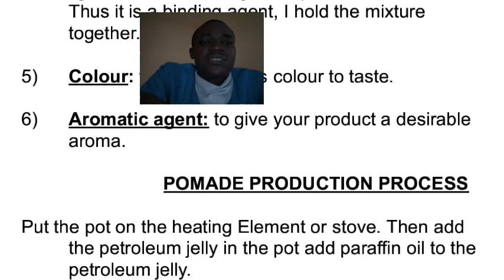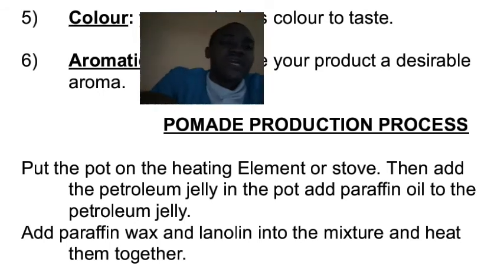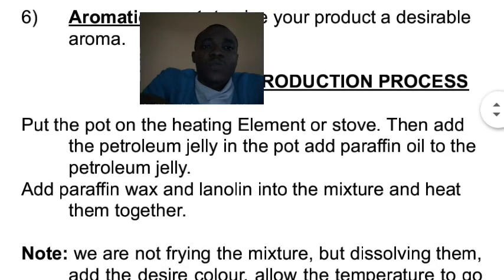Okay, let's look at the production process. The first thing you have to do is put the pot on the heating element or stove. The heating element could be gas or fire, anything, or you can preferably use a stove and put it there. Then you add the petroleum jelly in the pot.